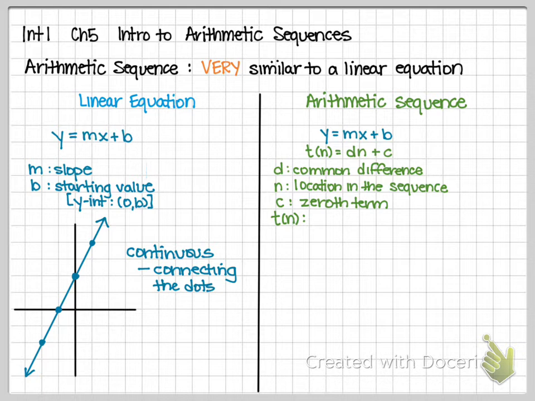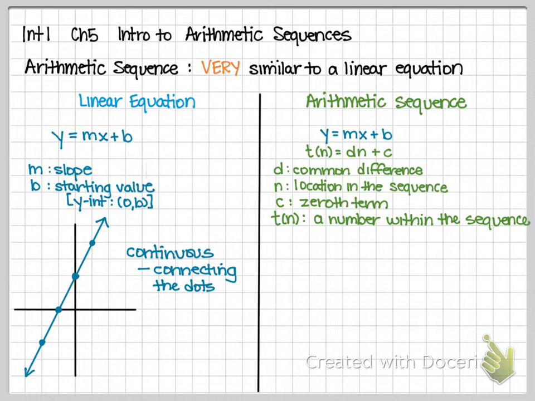And t of n represents an actual value in the sequence. So this is a number within the sequence. I think this will be a little bit easier once we take a look at an example.